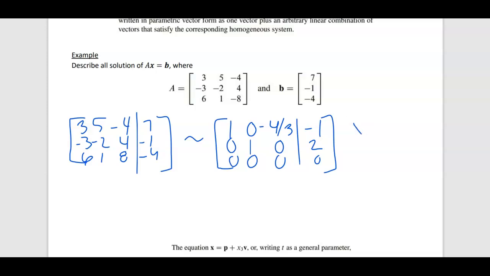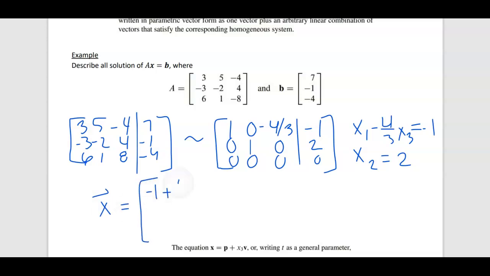So that means x1 minus 4/3 x3 equals negative 1, and x2 equals 2. So I can write my x vector as negative 1 plus 4/3 x3, x2 is always 2, and then x3 here.